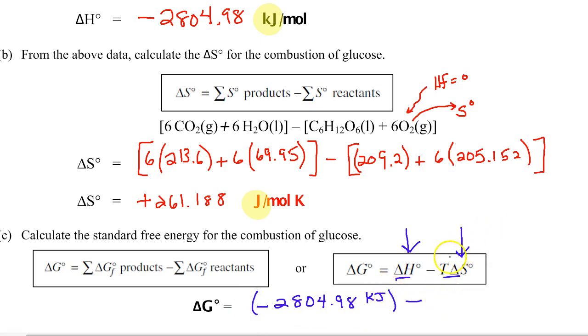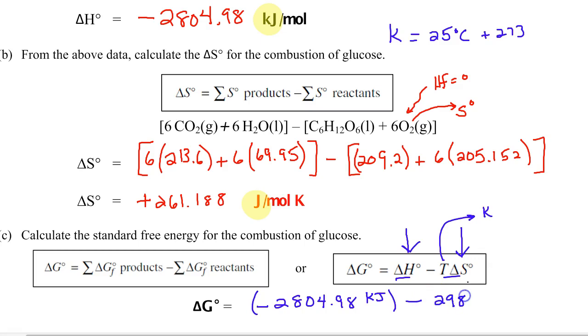Now this temperature is always in Kelvin. It wouldn't make any sense to use Celsius and negative. We want an absolute scale because otherwise it'll mess up our signs here. So let's pick, well, it's at standard conditions. Standard conditions is 25 degrees Celsius, and to convert that to Kelvin, we add 273. And so what we get is 298 Kelvin.